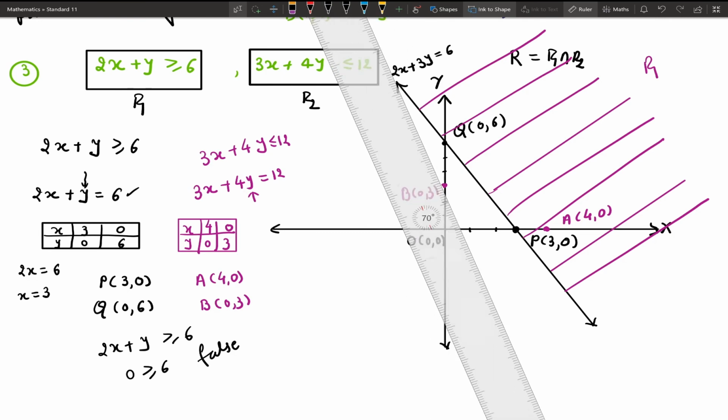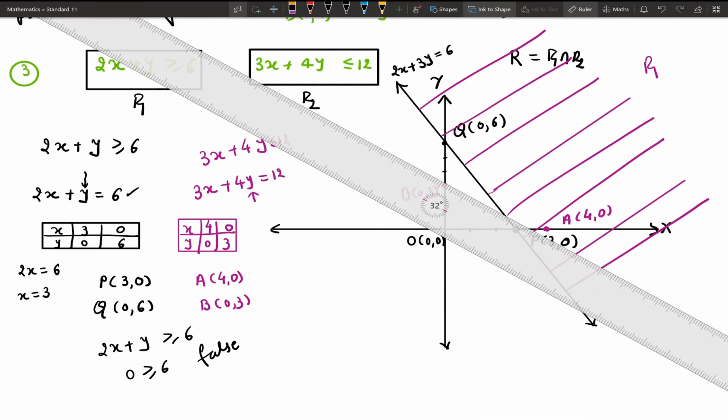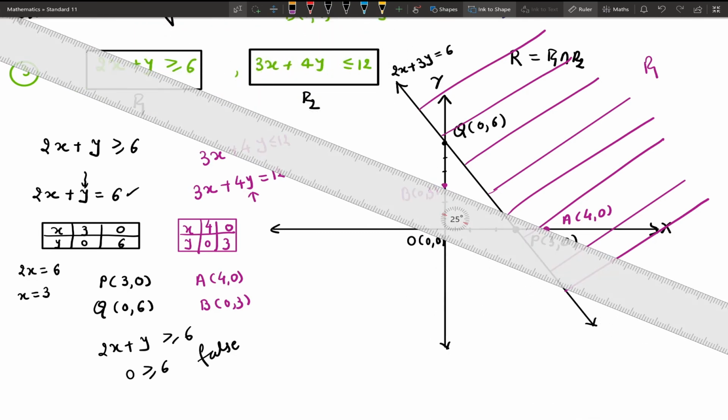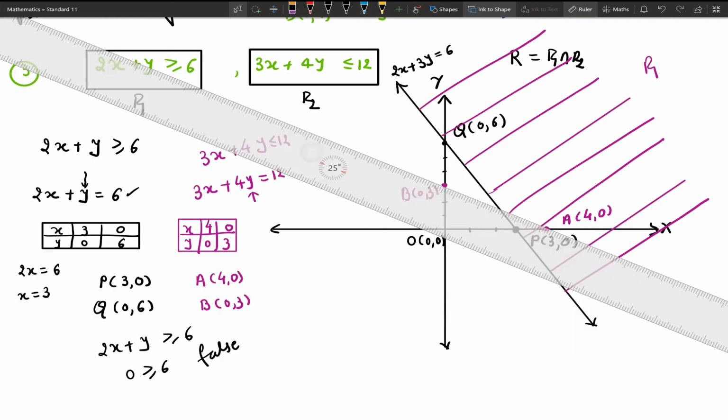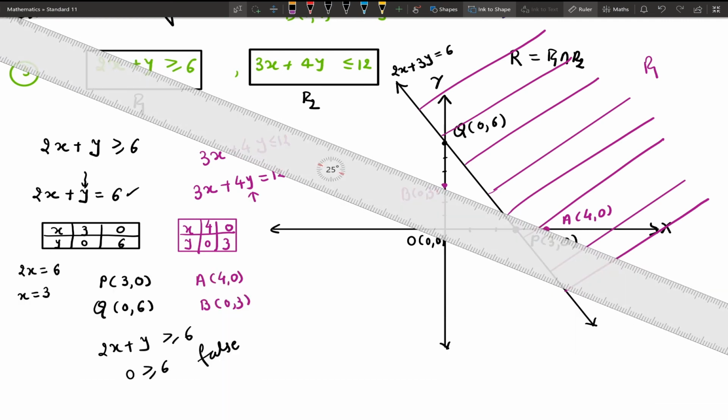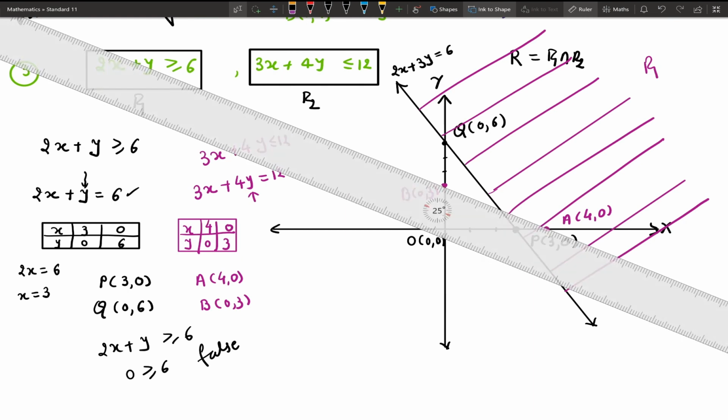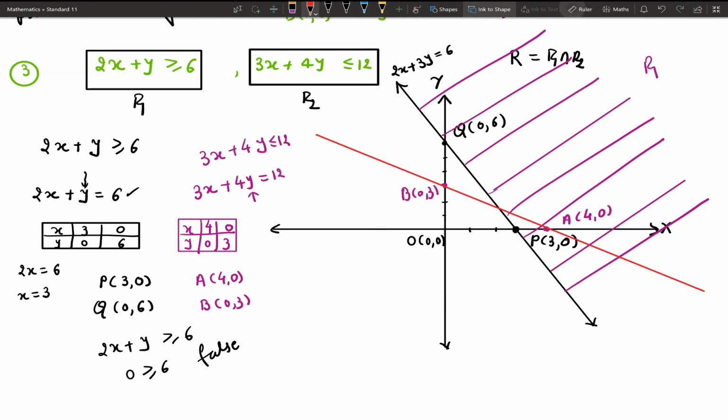The line passes through A and B. So this is 3x plus 4y equal to 12.